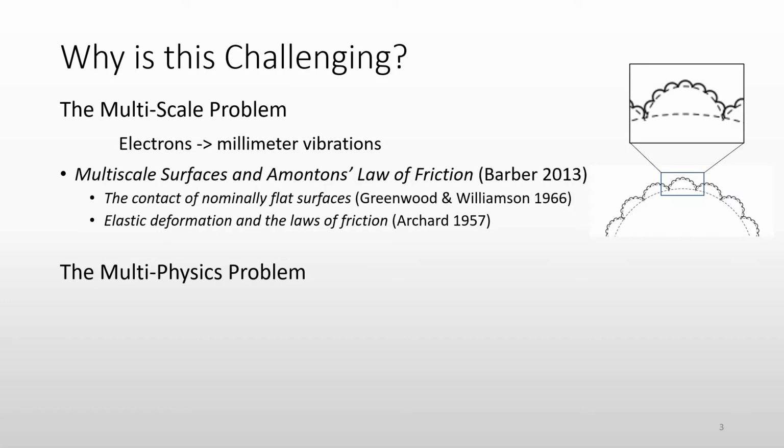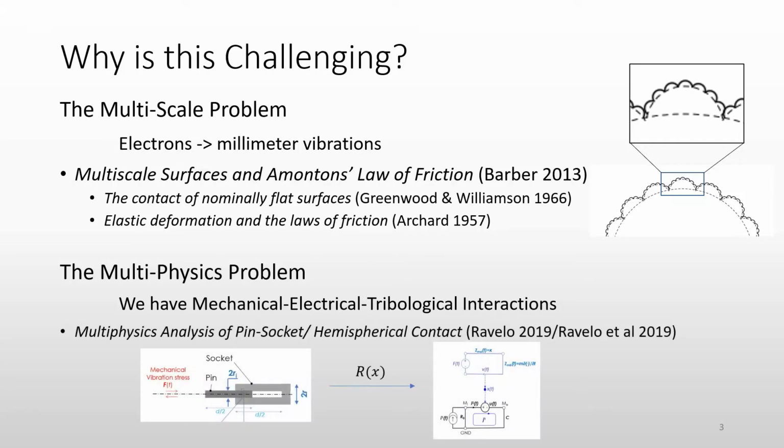In a similar field, where people are looking at the effects of friction at small scales, they end up having to consider the exact surface topography, which isn't always available and can be difficult to model. And we also have a multi-physics problem in that we have to consider mechanical, electrical, and the tribological surface interactions, which becomes computationally expensive. And even if we find ways to compute these factors, we need to find transfer functions, such as this R of x, to move our mechanical models into the same framework as an electrical model.